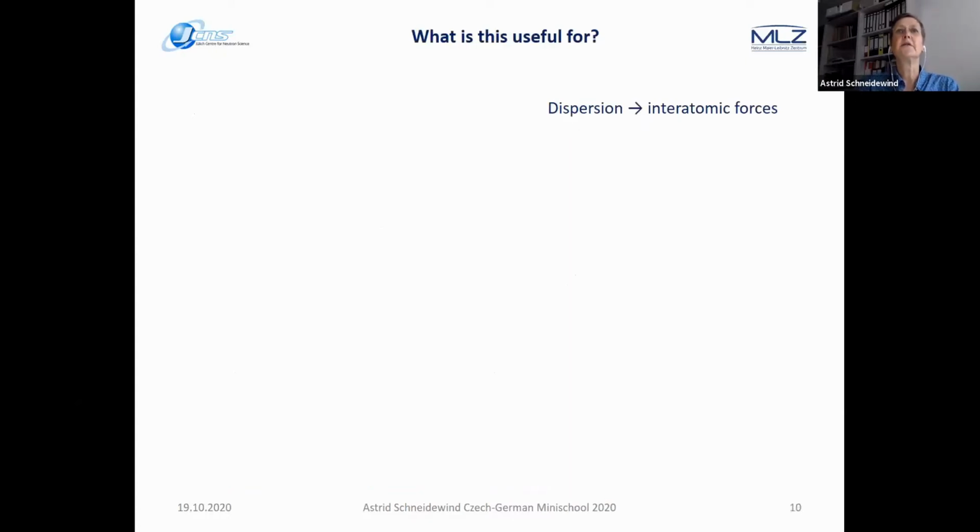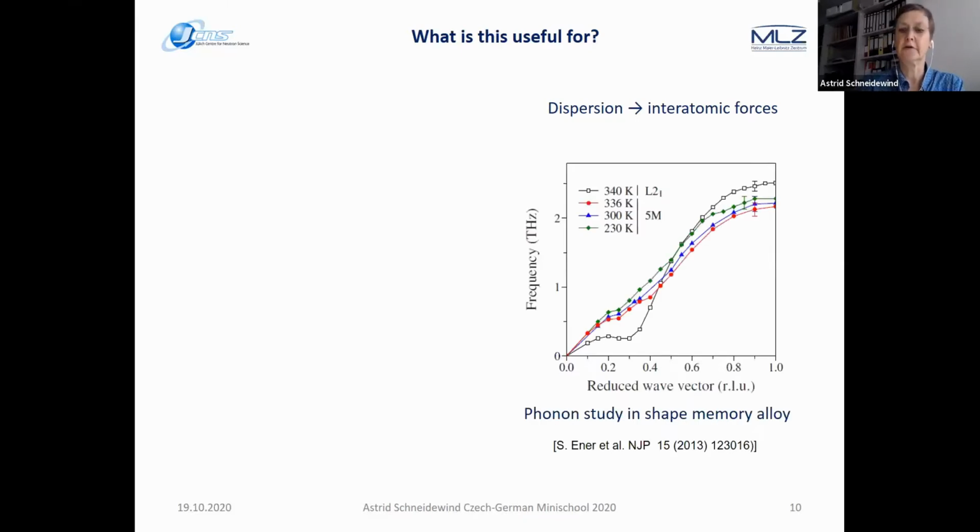So what is this useful for? You want to measure a dispersion and you want to learn from it and apply some models to calculate the interatomic forces. As I said at the beginning, you want to calculate properties of your material.